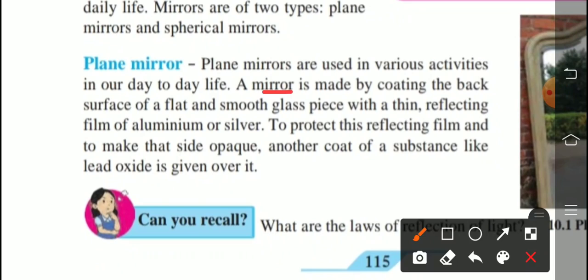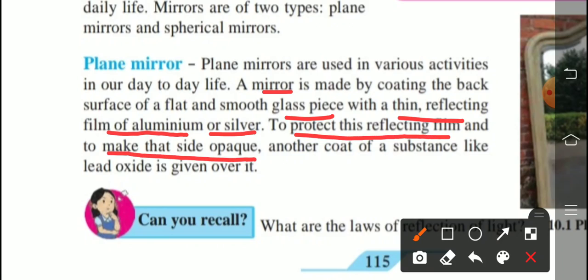Second point is given here. A mirror is made by coating the back surface or any one surface of a flat and smooth glass piece with a thin reflecting film of aluminium or silver, any one. To protect this reflecting film and to make that side opaque means non-transparent, another coat of a substance like lead oxide is given over it.